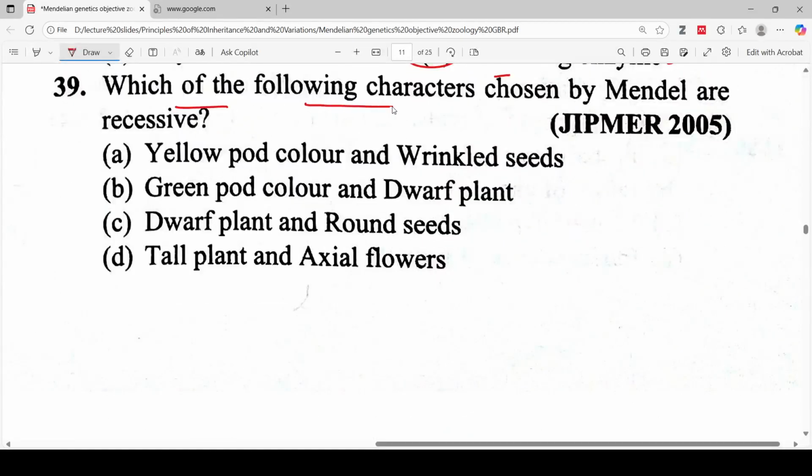Which of the following characters chosen by Mendel are recessive? So the correct answer is yellow pod and wrinkled seed will be the correct answer.